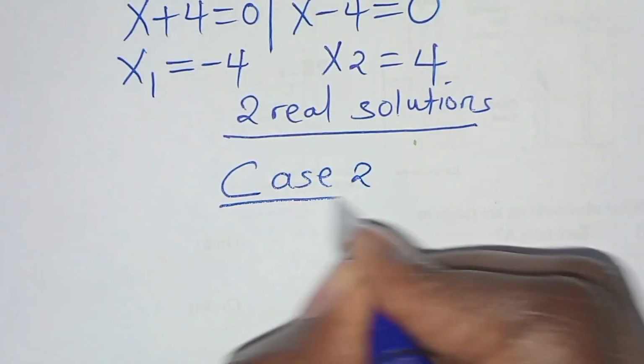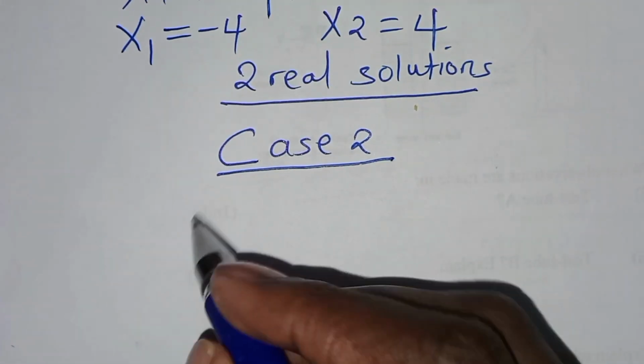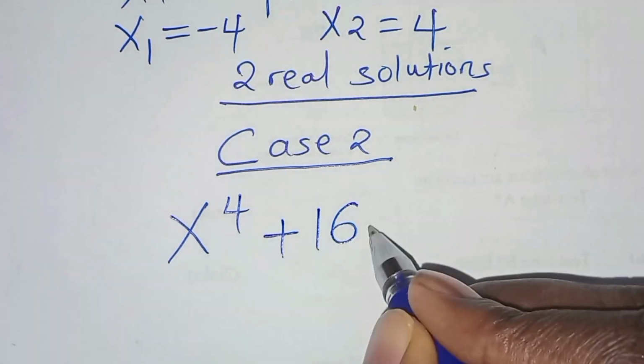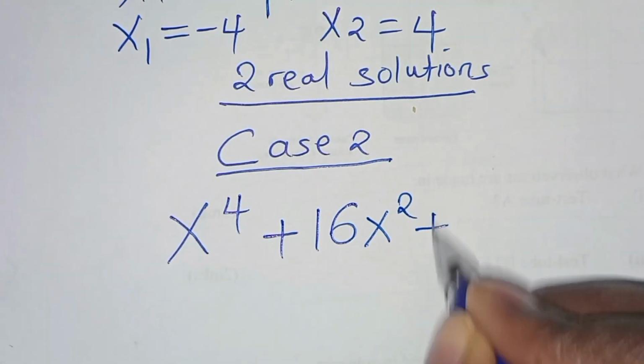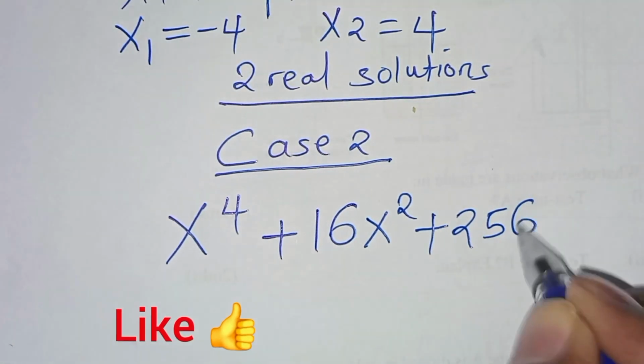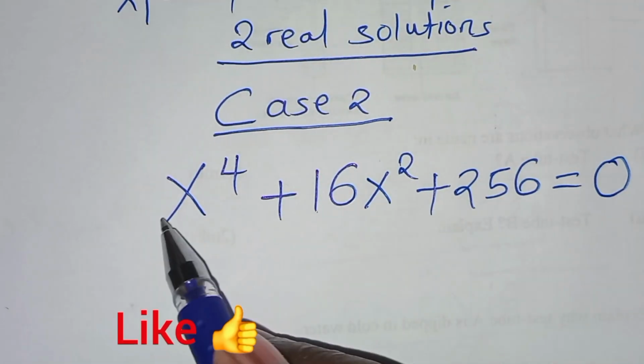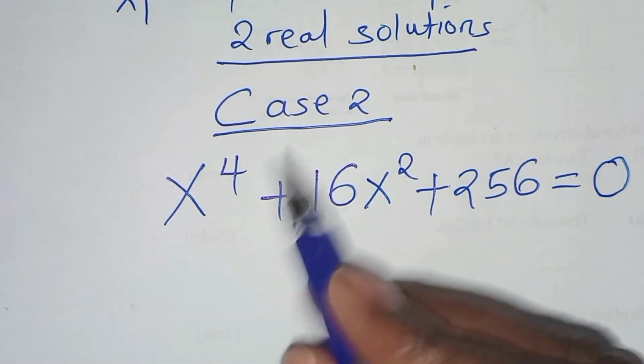Now, in case 2, we have x to the power 4 plus 16x squared plus 256. This is equal to 0. Now, this is a polynomial equation of 4th degree.